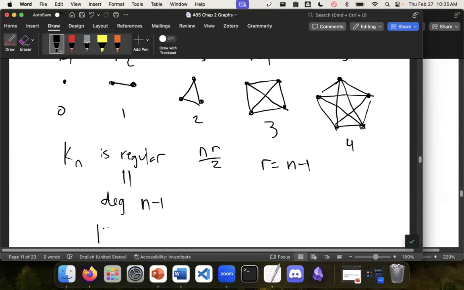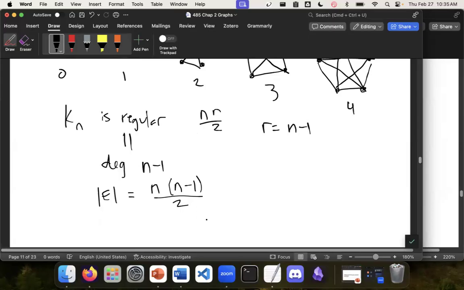And the number of edges is going to be n times, then we plug in r, n minus 1 over 2. And that's just using our theorem. Once we've proved the theorem, now we can use that equation. So now we know how many edges a complete graph has.